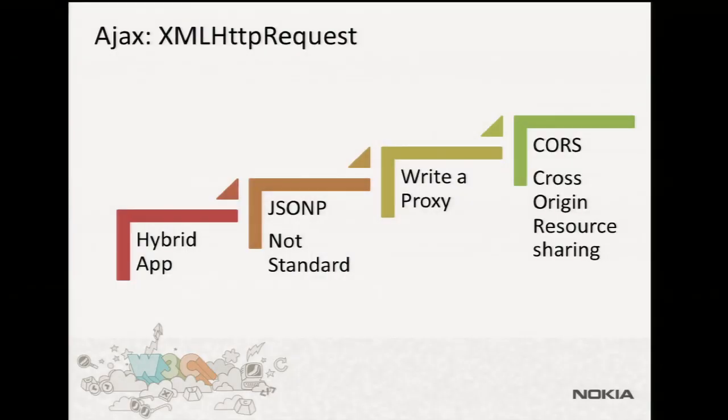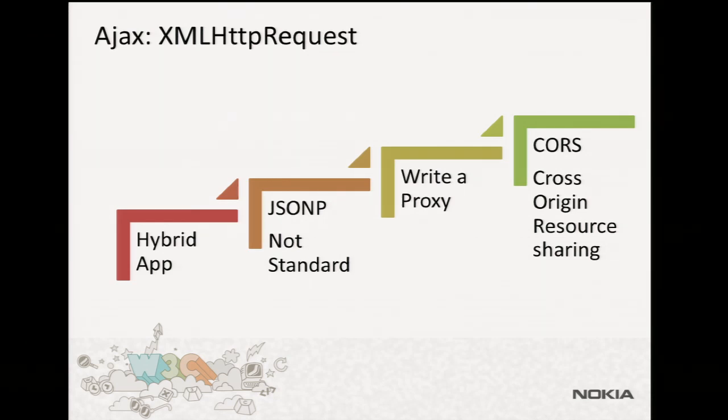So this is your fallback scenario. The first one is CORS, cross-origin resource sharing. This is recommended by W3C, and it's very easy to implement. I'll show you the code in the next slide. And then if you cannot do that, the next option you have is to write a proxy. So you are creating another page and trying to fake the browser to say that you are from that server. And then the third fallback plan is JSON-P.